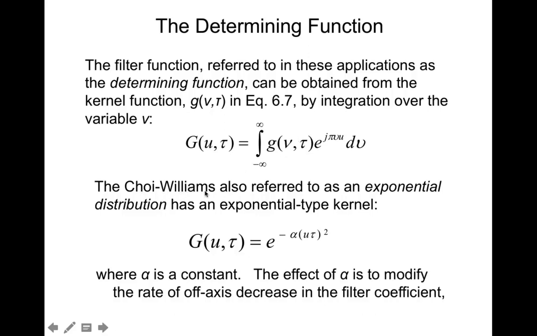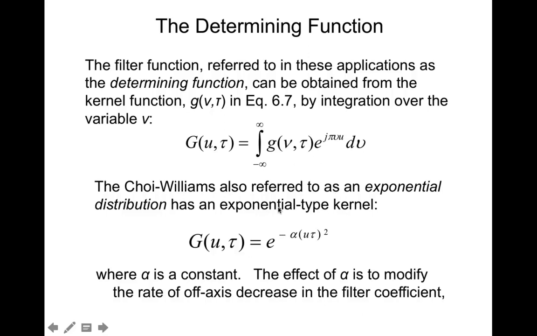One well-known one is the Choi-Williams, also referred to as an exponential distribution, and it has an exponential type kernel where alpha is some constant. What this looks like is a Mexican hat, with a peak in the middle. It's Gaussian shaped, but three-dimensional.